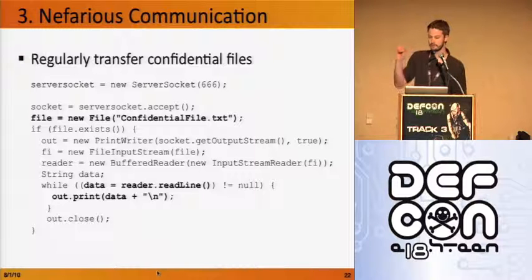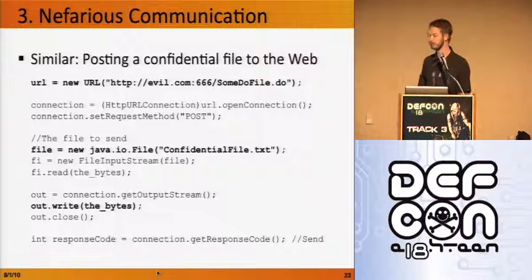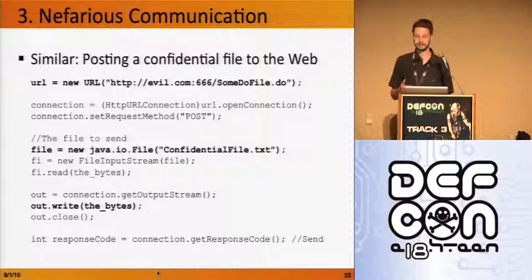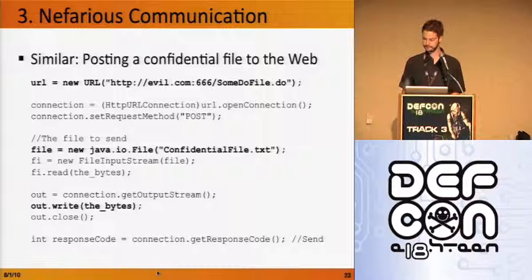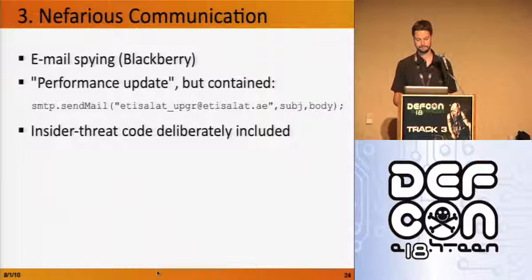If that file changed, it created a new socket on port 666, and it transferred the whole file out of the organization. This is a very similar one. It's pretty much the same, but instead of opening a socket, over here it's posted to a website, an evil website. Again, you can monitor the file and transfer it out, or you can manually poke it.